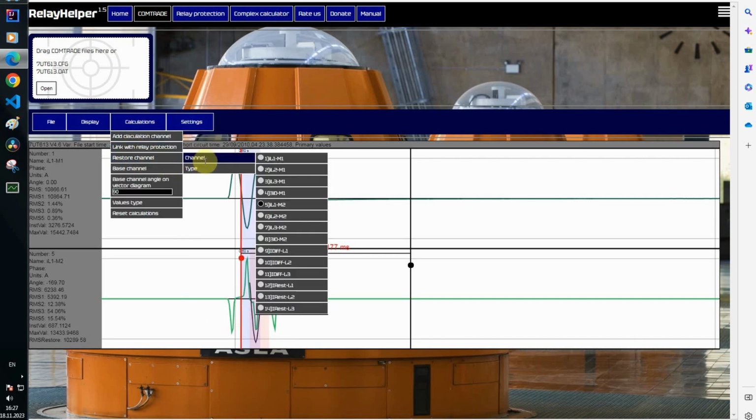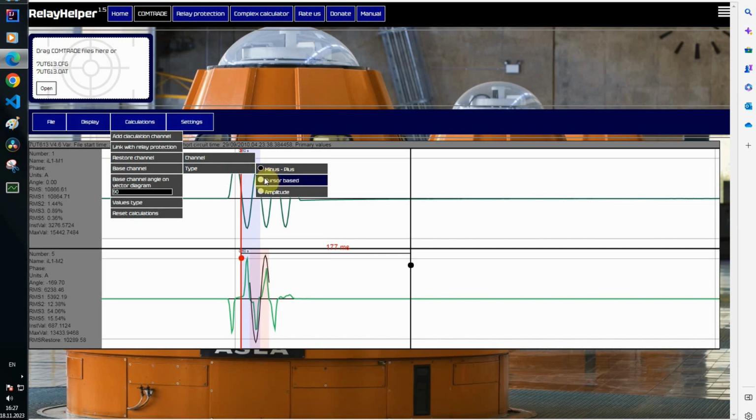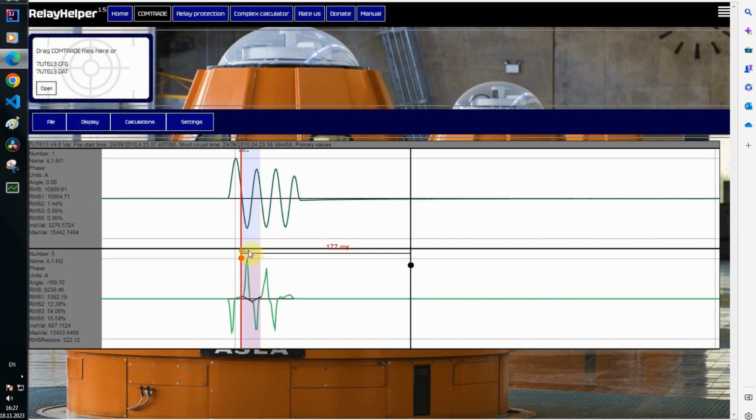Moving on to the cursor-based algorithm, you place the cursor where distortion seems minimal, and the algorithm calculates a sine wave from that point.